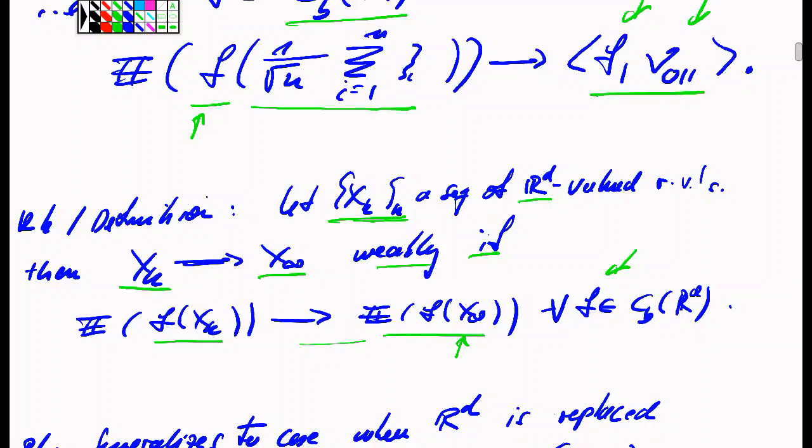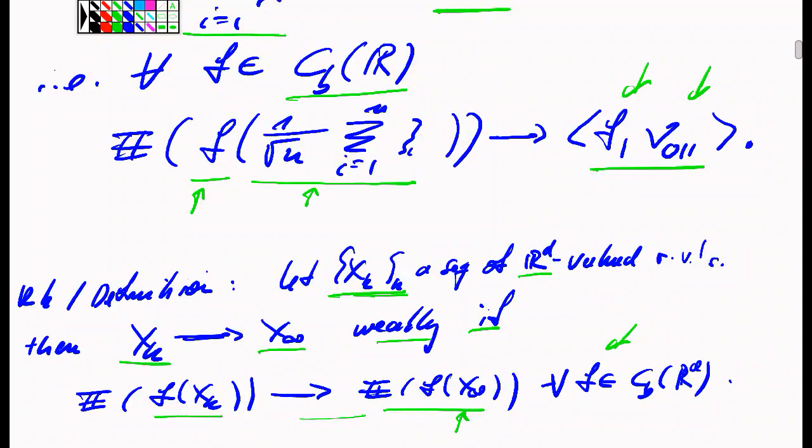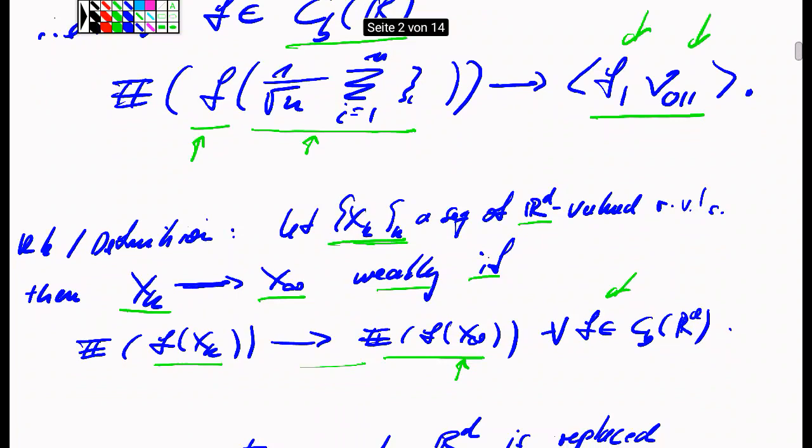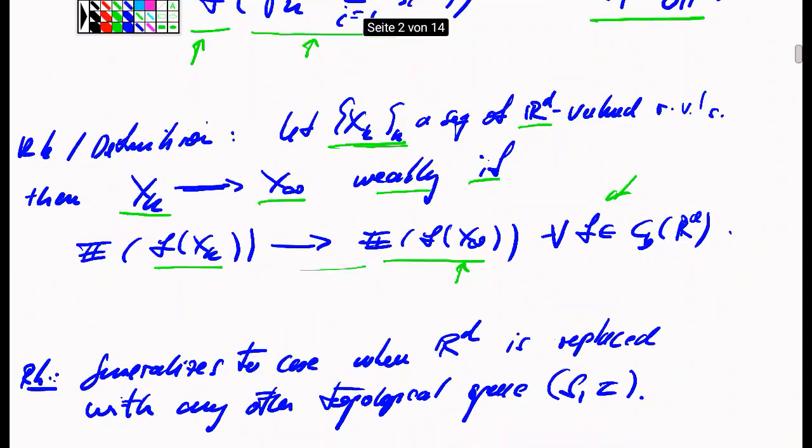So convergence in law to a given random variable is just the same as saying that the collection of laws of the corresponding random variables converges to a given probability distribution. That's why weak convergence of a sequence of random variables is also sometimes called convergence in law.